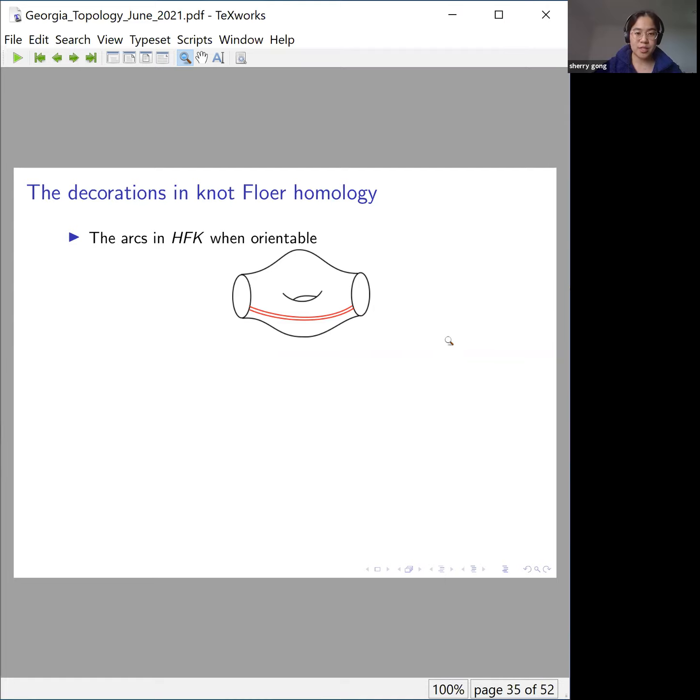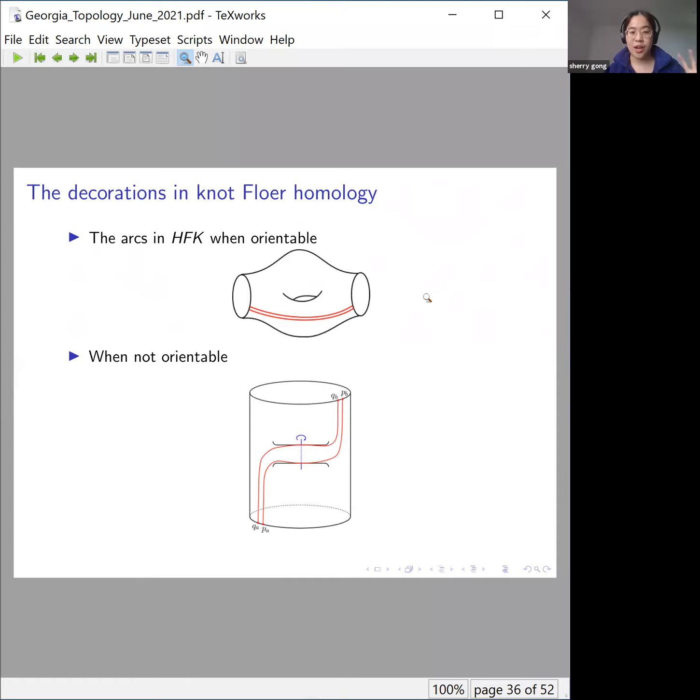In the case that your cobordism is already orientable, you can just take a pair of parallel arcs running from one end to the other with no actual topology going on in this little piece that you're cutting off because it's just a strip. Since everything's orientable anyway, it's okay. But in the case that your surface is non-orientable, like if we have this extra tube whose feet are not oriented the same on the cobordism, then in order for these arcs to actually induce a map, the arcs have to go through this extra tube.